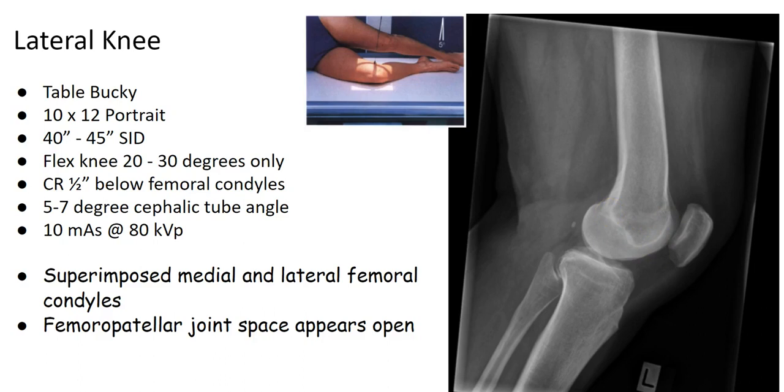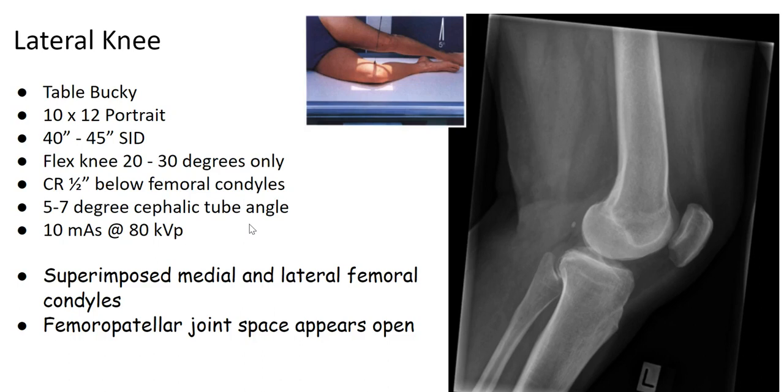Okay. In anatomical position, the medial condyle sits 5 to 7 degrees lower than the lateral condyle. But when we look at a finished lateral knee x-ray, we want to see the condyles superimposed. In order to superimpose the femoral condyles, we have to compensate for the medial condyle being lower by throwing on a 5 to 7 degree tube angle.